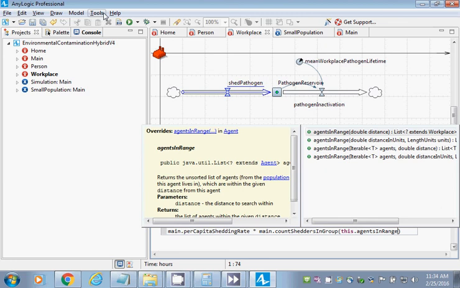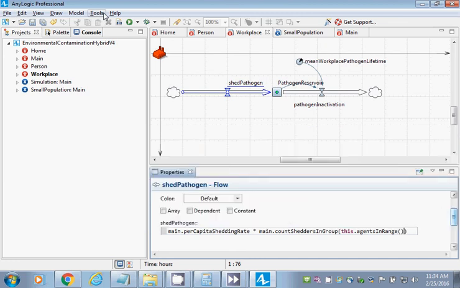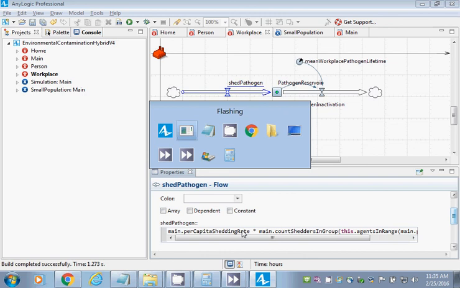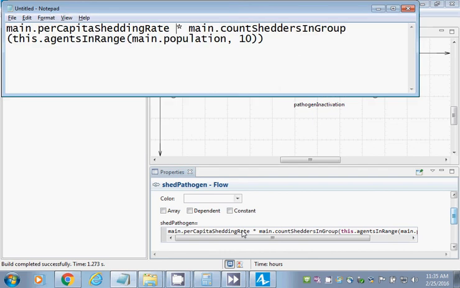Main has a per capita shedding rate. We're going to multiply that. That's per capita, so to find out the shedding across all shedders, we're going to multiply it by the number of people around us who are shedding. And this dot agents in range is going to find the agents in the main population who lie within 10 units of ourselves.